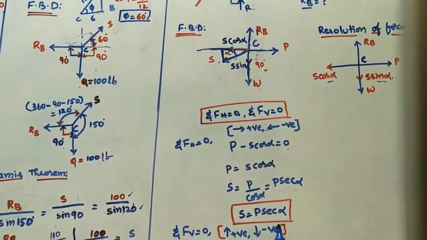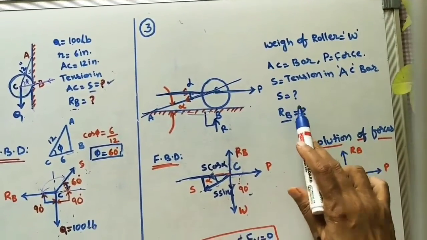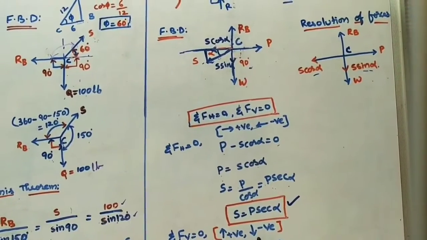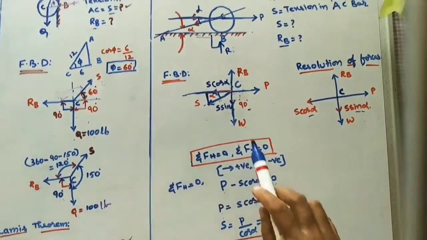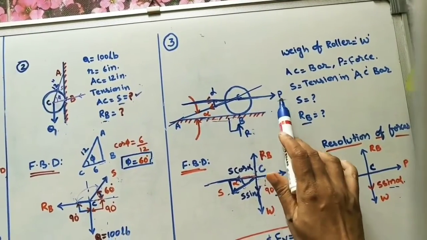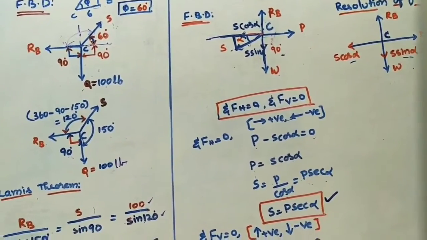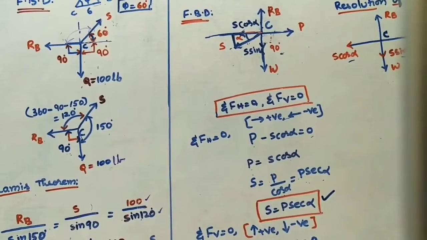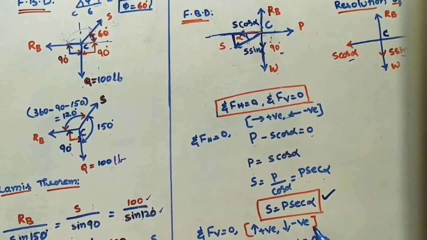Okay, I am keeping in the box because we have to find tension in the AC bar. Okay, so S is equal to P secant alpha, we are getting the answer in terms of P. P is the horizontal force. It is not given. Keep P as it is. Next condition is sigma Fv is 0. Apply that condition.